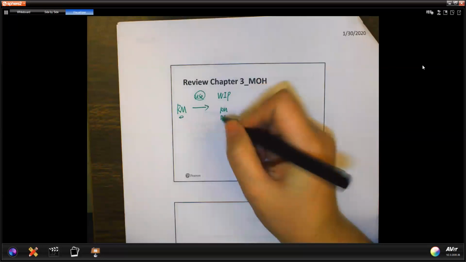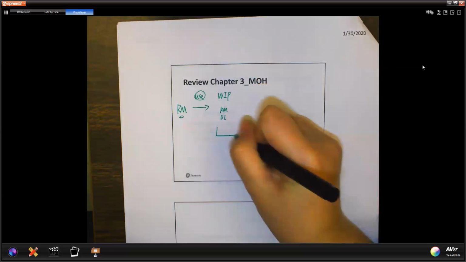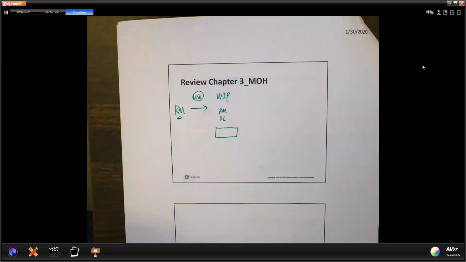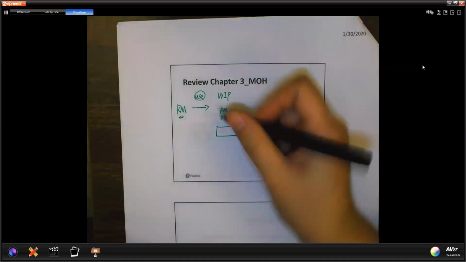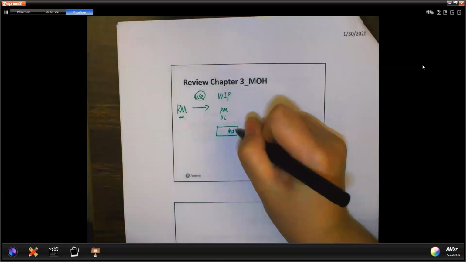You also have the manufacturing overhead, but at that moment, we cannot decide the specific amount of the manufacturing overhead because it's indirect, you cannot trace it. So all you can do is allocate. So we put the manufacturing overhead just here, and we talk about how we allocate.